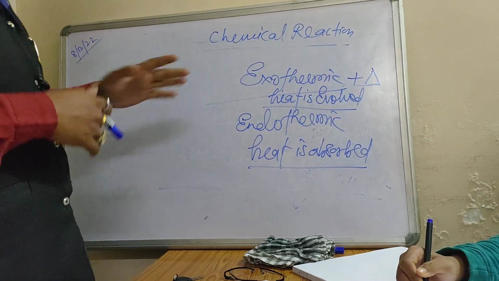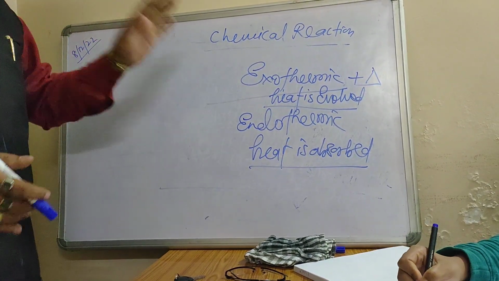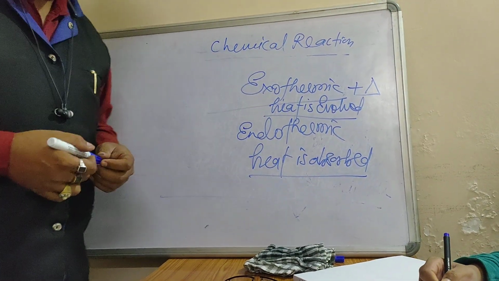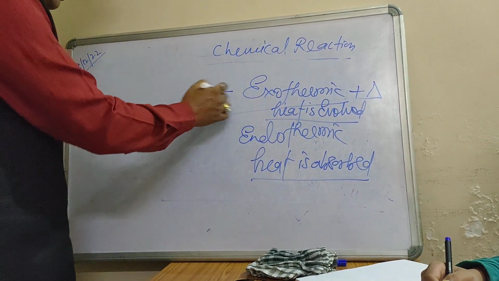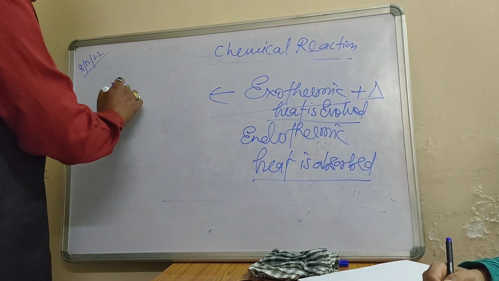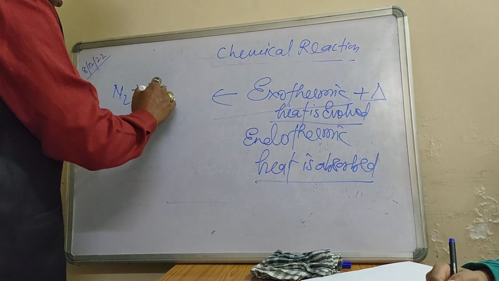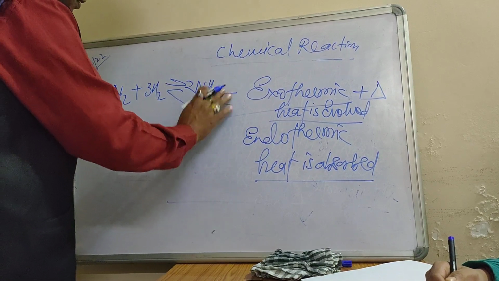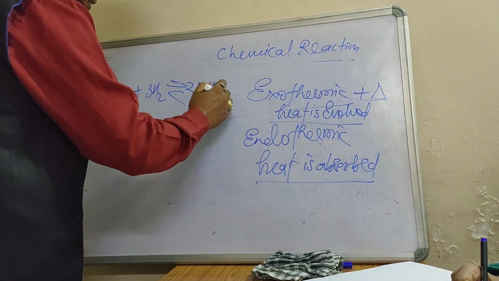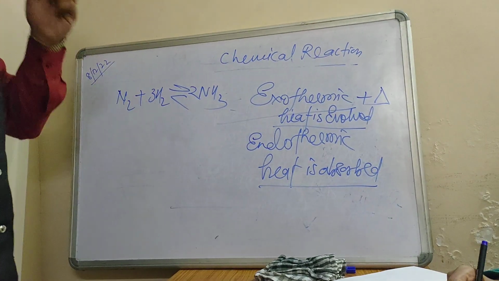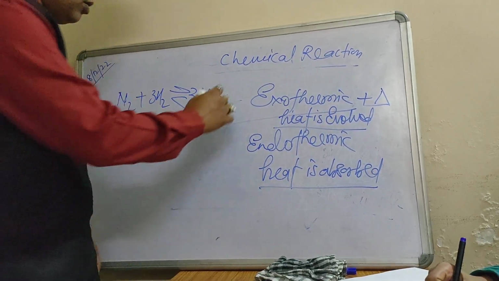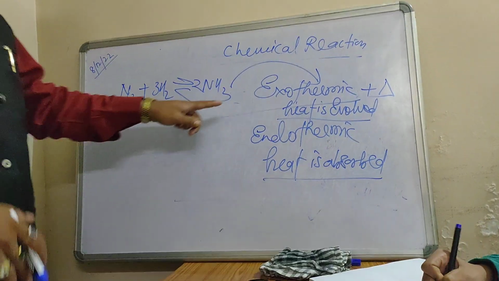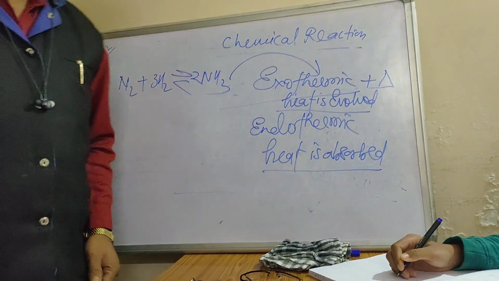So in these two types of reactions, if I take for example Haber's process, formation of ammonia. What happens in Haber's process? N2 plus 3H2 gives 2NH3, and this is ammonia. This reaction is obviously exothermic, because in this reaction heat is evolved.